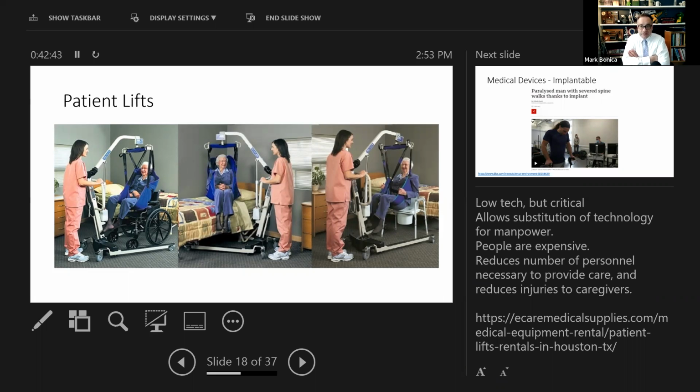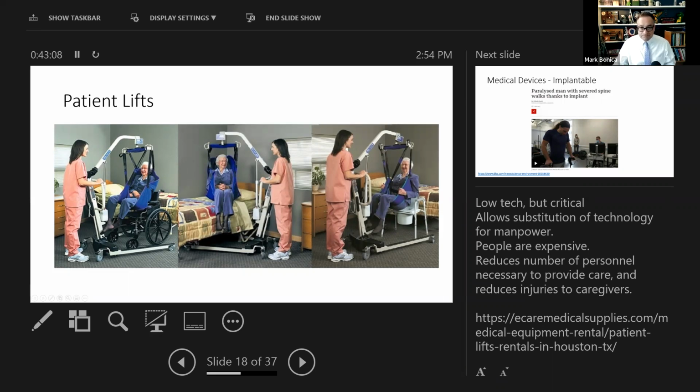And so things like technologies that are relatively simple, as opposed to an MRI or a surgery robot, this is pretty low tech, right? It's a hydraulic lift, maybe it's electric, but it really makes a big difference in terms of reducing human labor.